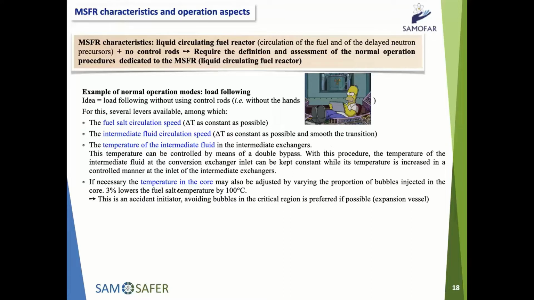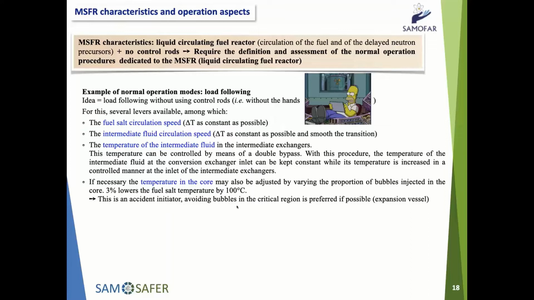If necessary, it's also possible to adjust the temperature in the core by changing the proportion of bubbles inside the core. For example, with 3% of bubbles, it's possible to decrease the temperature by 100 degrees, so that's nice. However, it's an accident initiator. So if it's possible to avoid this initiator, that's a very good thing.